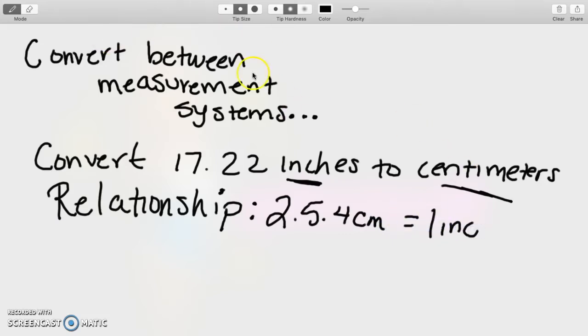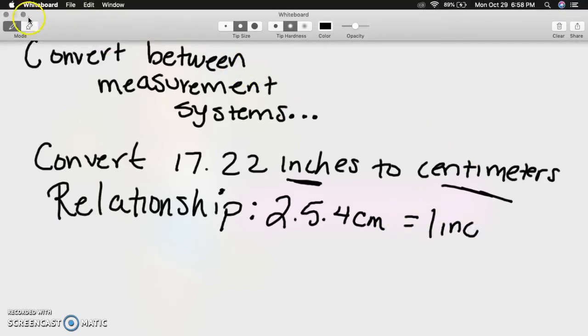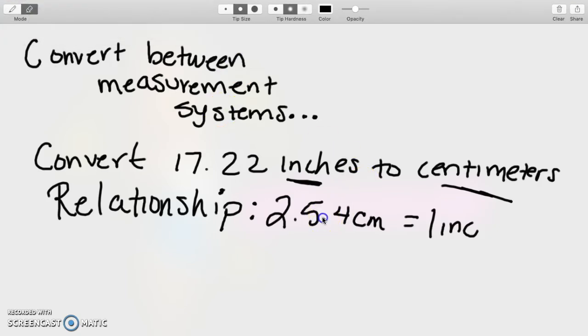That is something that we know just based off of our chart. 2.54 centimeters is definitely equivalent to 1 inch. So that's something that will be very helpful to our problem.